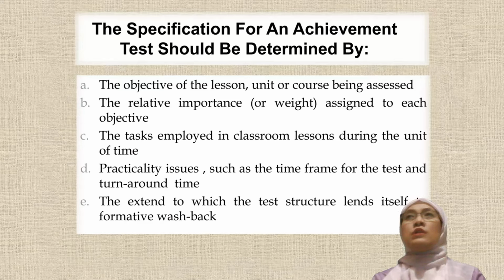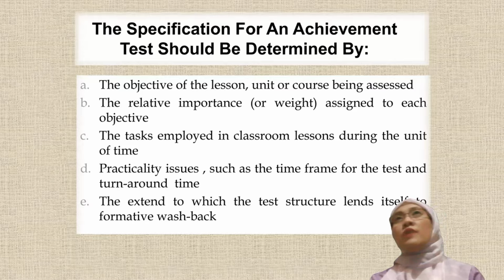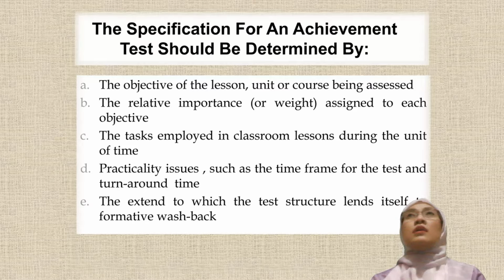Or for example, identifying part of speech, or using part of speech, or writing sentence using part of speech. Ada 3 nih misalnya objektifnya. Yang paling penting oleh teachernya, for example, make sentence, produce sentence, menghasilkan kalimat using suitable part of speech, menggunakan part of speech yang tepat.